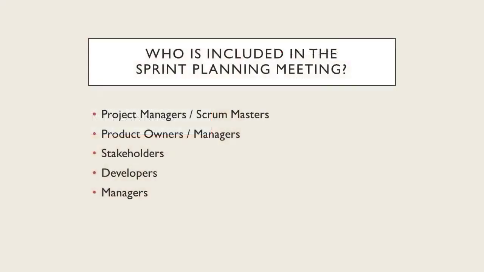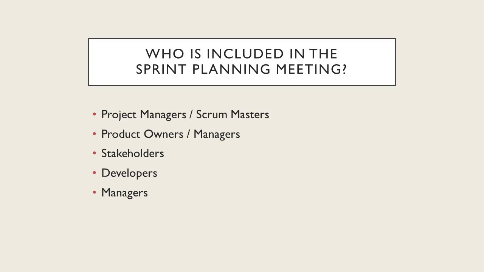Now that we've defined some of the components, let's add more context to the sprint planning meeting. So who should really be included in this meeting? You, the project manager or scrum master, to use a scrum term, should be included. Stakeholders that are representative of the entire group of stakeholders should be included. That is to say, if a group that has influence or stake in the project or product is not represented by at least one person, you should remedy that and invite someone who represents that group.